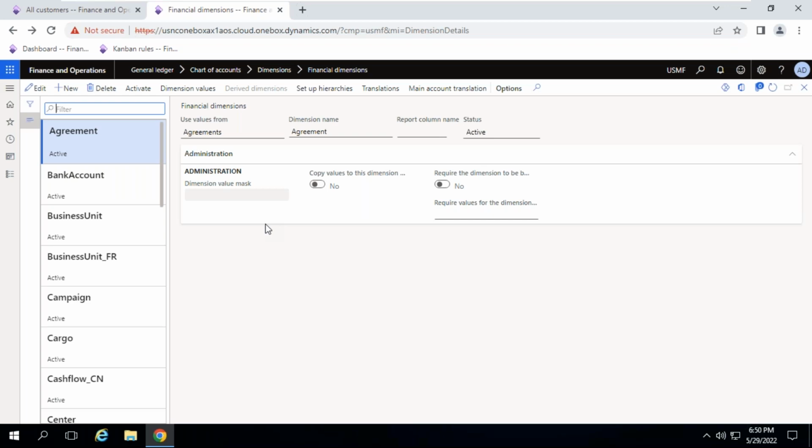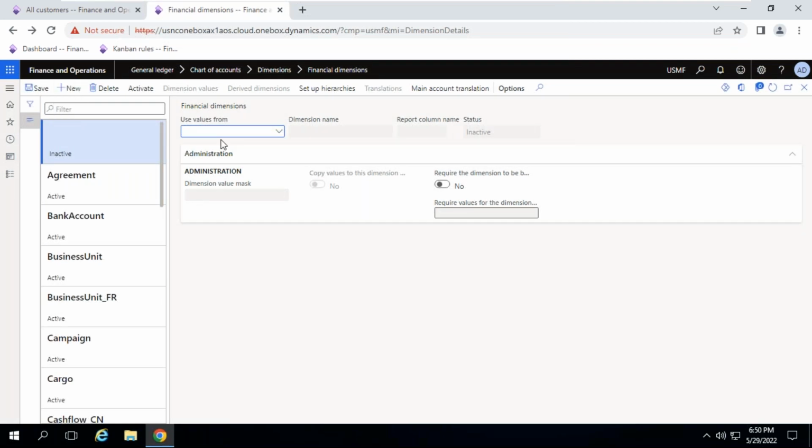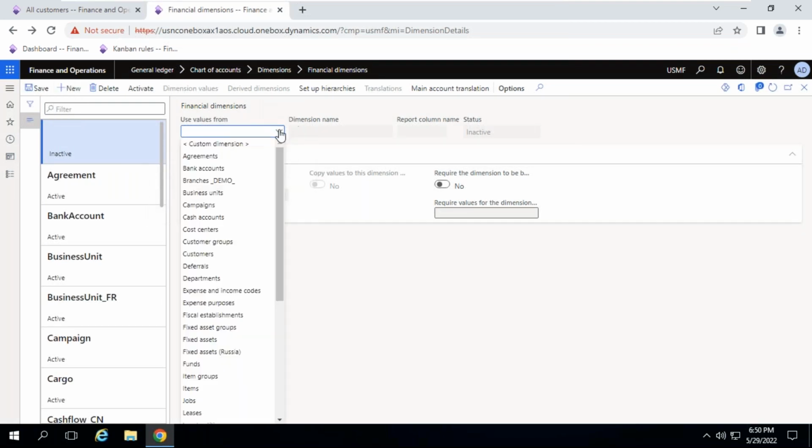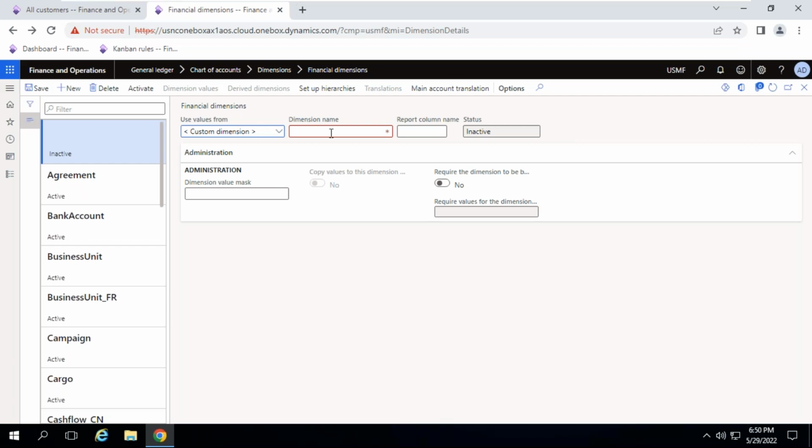So what Samsundra has done is he has created a custom dimension as brand.